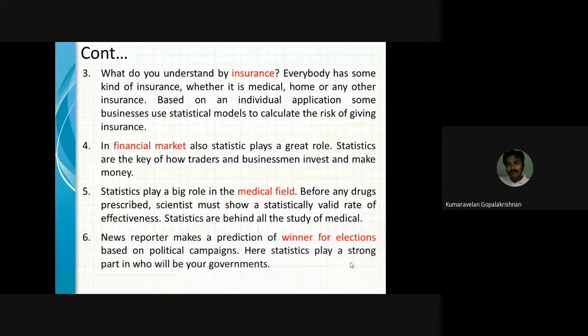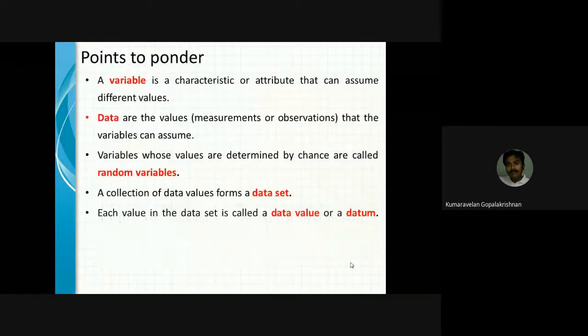Especially in the insurance industry, the financial market, the medical field, and even predicting winning an election or not, wherever you take any application, by doing some kind of statistics we can predict the outcome. But don't believe that all the outcomes lead to positiveness. There may be some false results also, but it should be acceptable. Okay, fine. Now, if you want to do some kind of statistics, you have to know certain basic things.